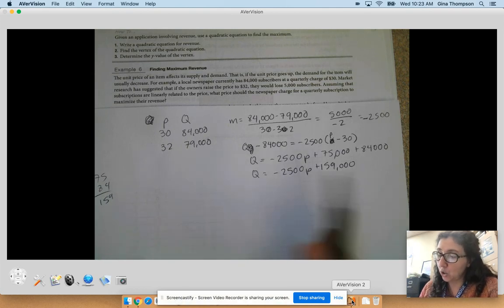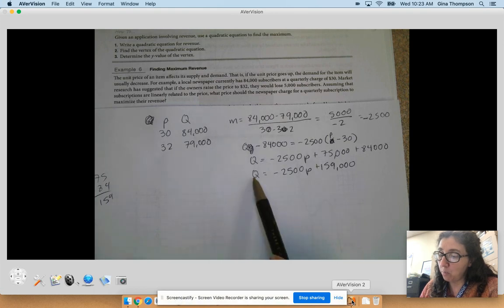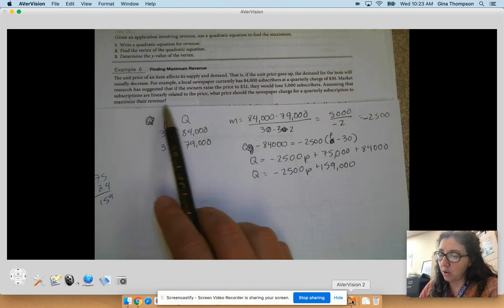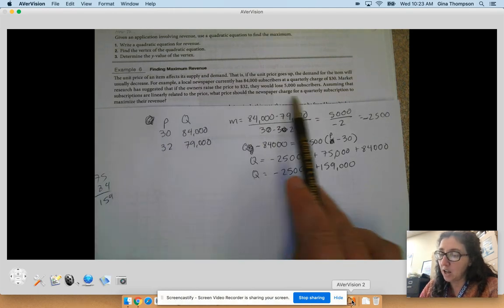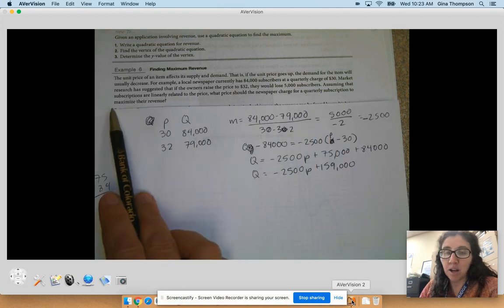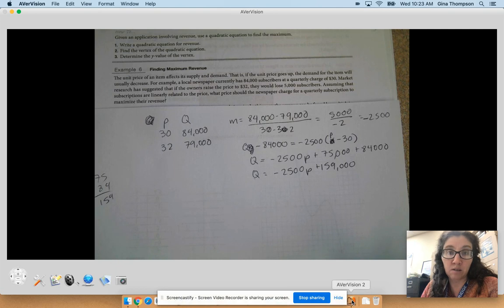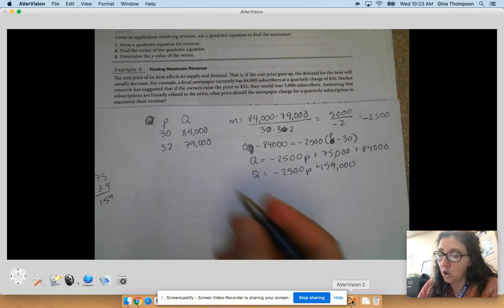All right, so now we know we have the number of subscribers as a function of price. And what do they really want us to figure out here? They want to know the price they should charge to maximize their revenue. Okay, revenue is something we haven't even talked about yet, right? What is your revenue?